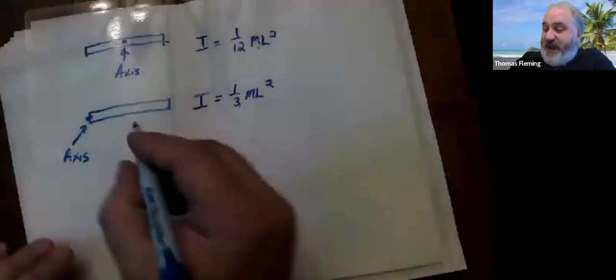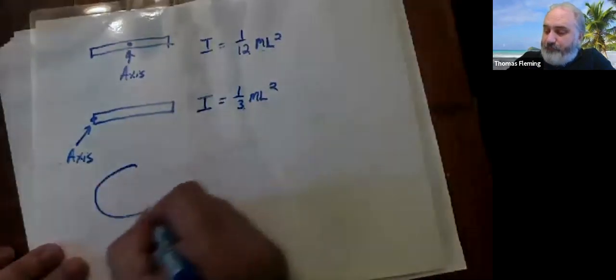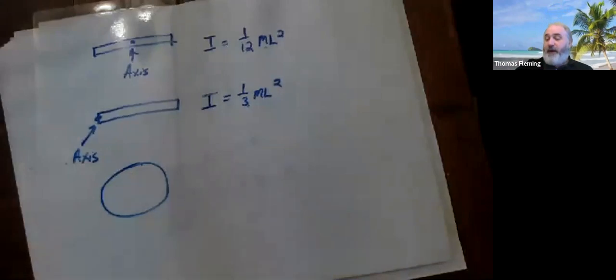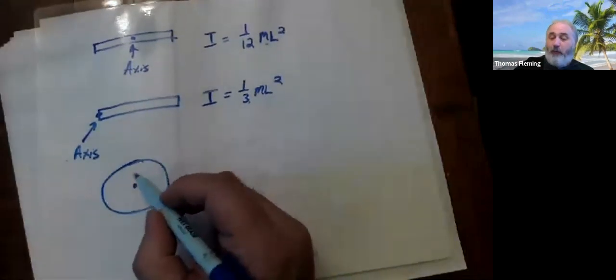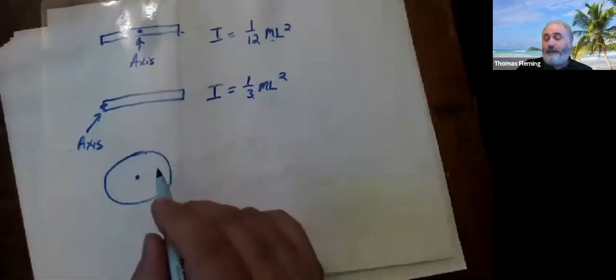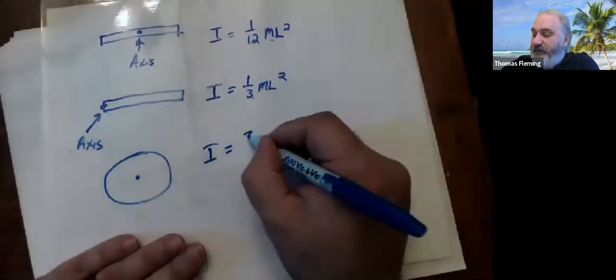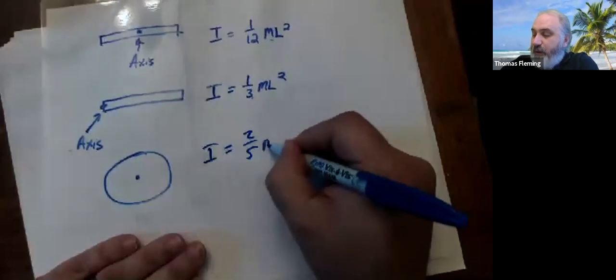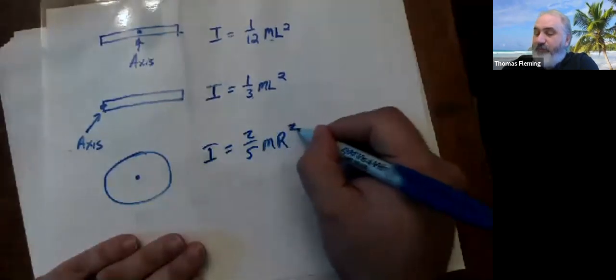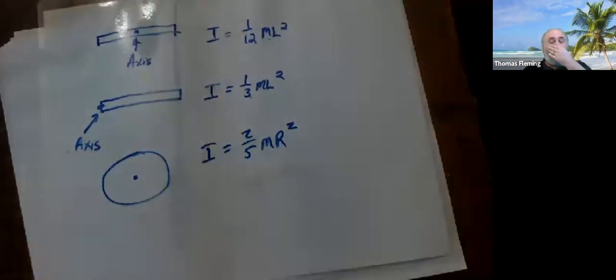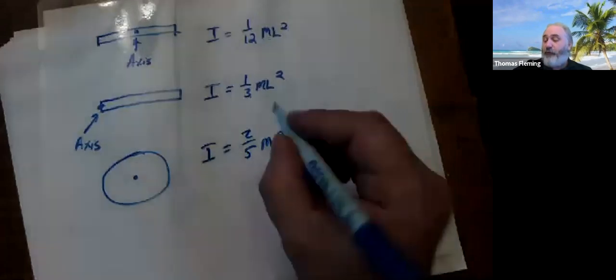So for instance, imagine I have a sphere, like a round ball, and I'm rotating that ball around an axis through the center. It turns out that the moment of inertia for that is, I believe, 2/5 times m times the radius squared. So that's for a sphere.